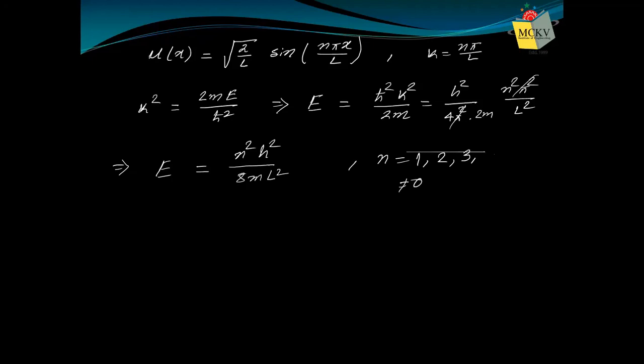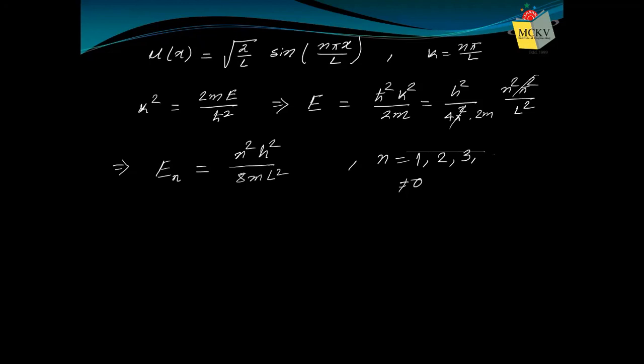That's why I am writing a subscript here, E n. Similarly, you observe the wave function or eigenfunction, which is root over 2 by L sine n pi x by L. For defined values of n, we are getting a defined eigenfunction like root 2 by L sine pi x by L, root 2 by L sine 2 pi x by L, root 2 by L sine 3 pi x by L, and so on.